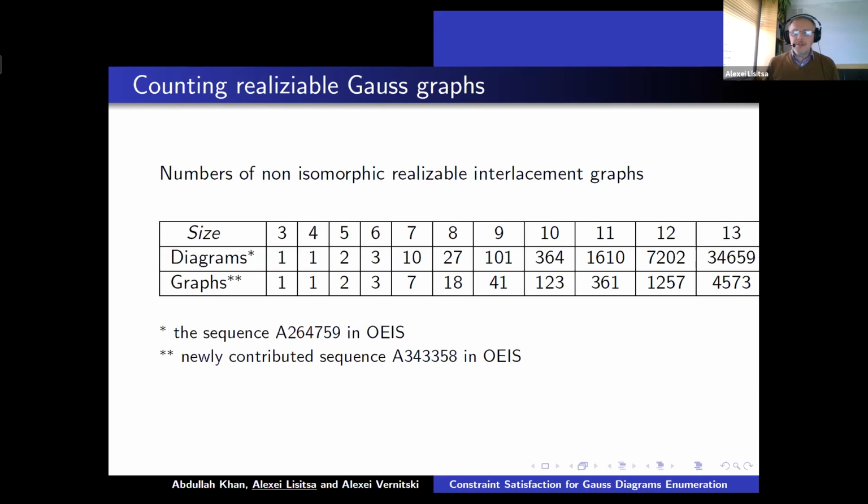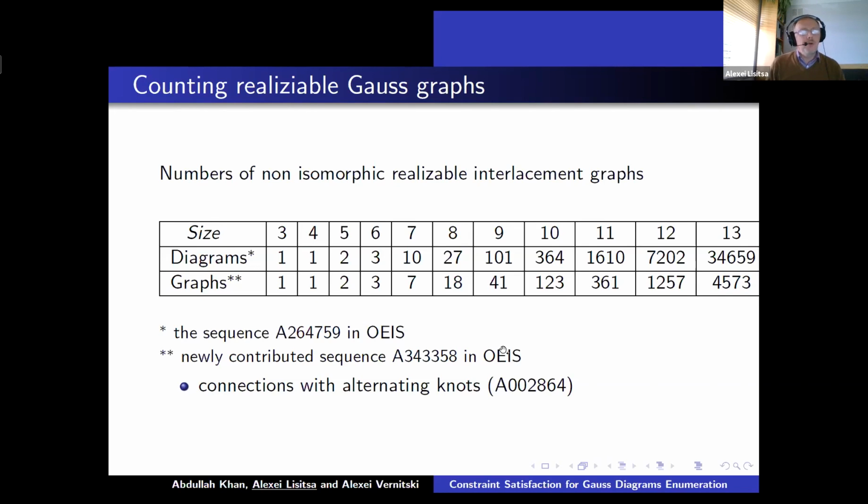Now, what else? We also enumerated these interlacement graphs. That is an interesting structure. It is more compact and contains all essential information. It seems nobody bothered before this research started to actually enumerate and see what examples of these graphs there are. So that was contributed as a new sequence to the Online Encyclopedia of Integer Sequences.